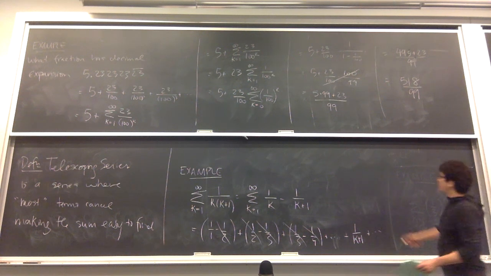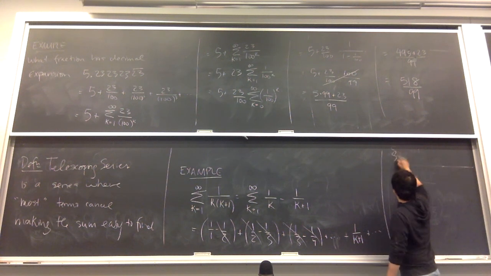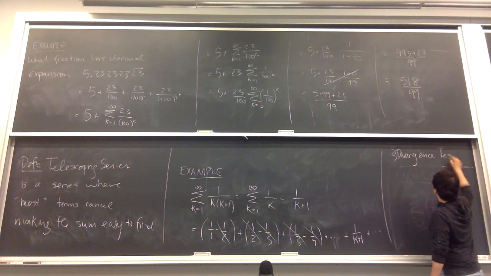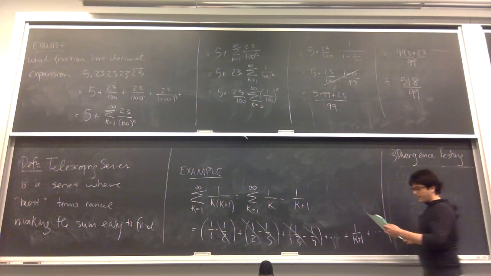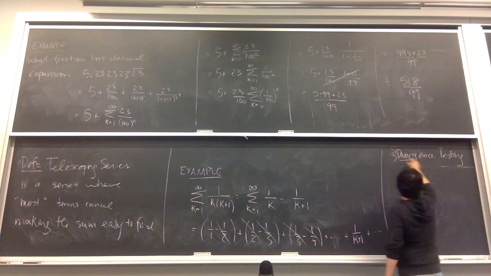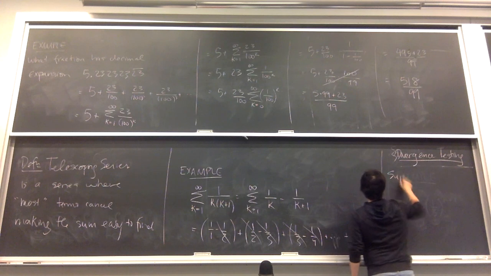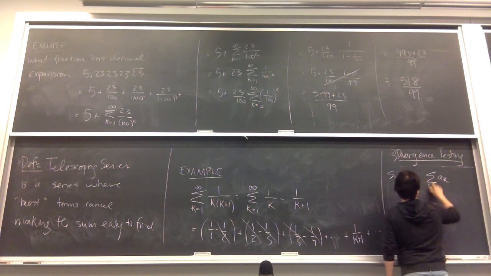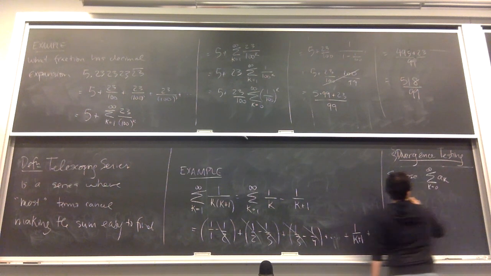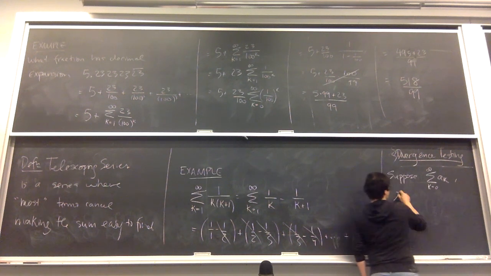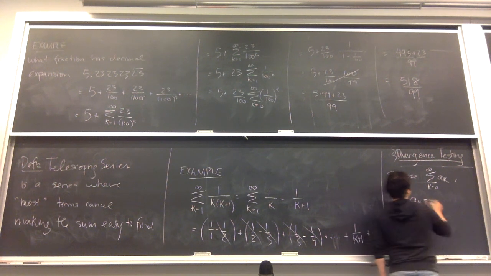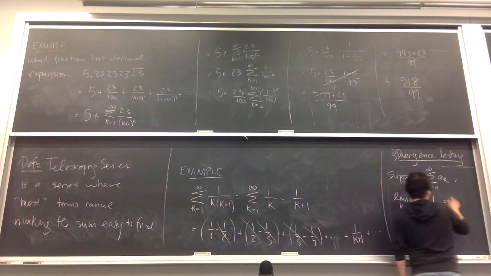The next thing we're going to care about is divergence testing. Let's take a look at this. Suppose we want to do this sum, the sum of a_k from k equals 0 to infinity. And suppose further that the limit as k goes to infinity of a_k is equal to L, which is not equal to 0.